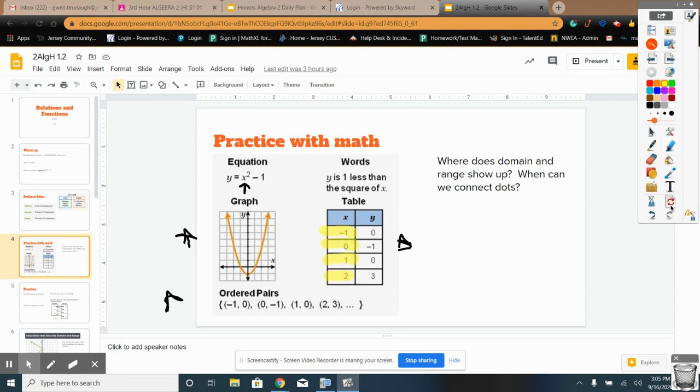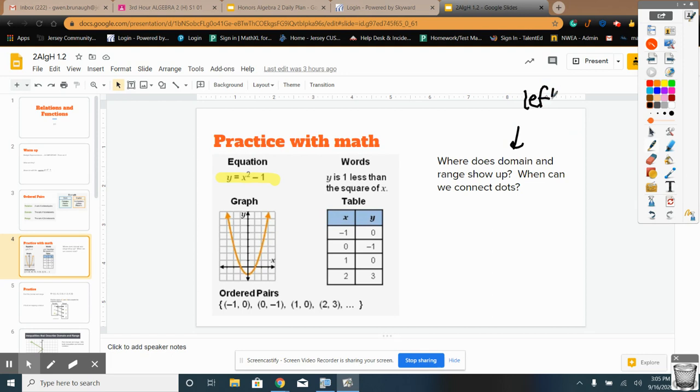You cannot assume there are more values in a table unless you have an equation as well. And we do here, so you could plug in 0.5 if you wanted, but if you just have a table alone, you have to assume that's all there is. A graph, where does the domain show up? It shows up in all the values, left to right.